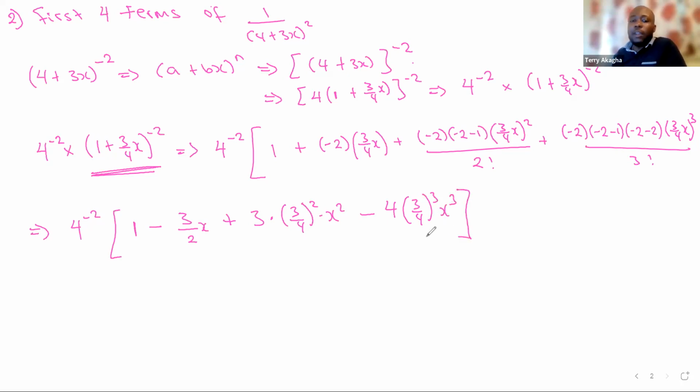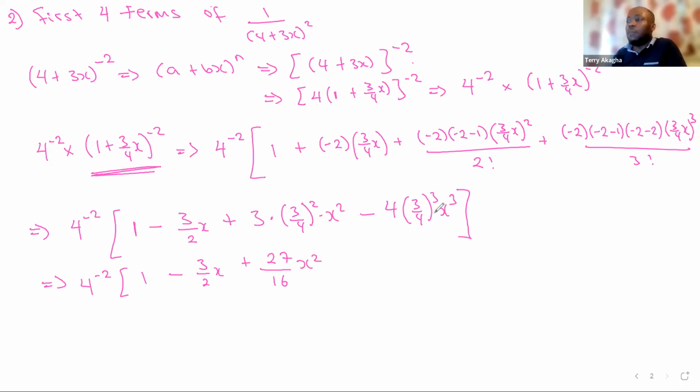Then simplify it further. So it's going to give you 4 to the power minus 2 into bracket 1 minus 3/2x. Now, when you simplify 3 times 3/4 squared, it should give you 27 over what? 16. So this part, you just need to press your calculator.